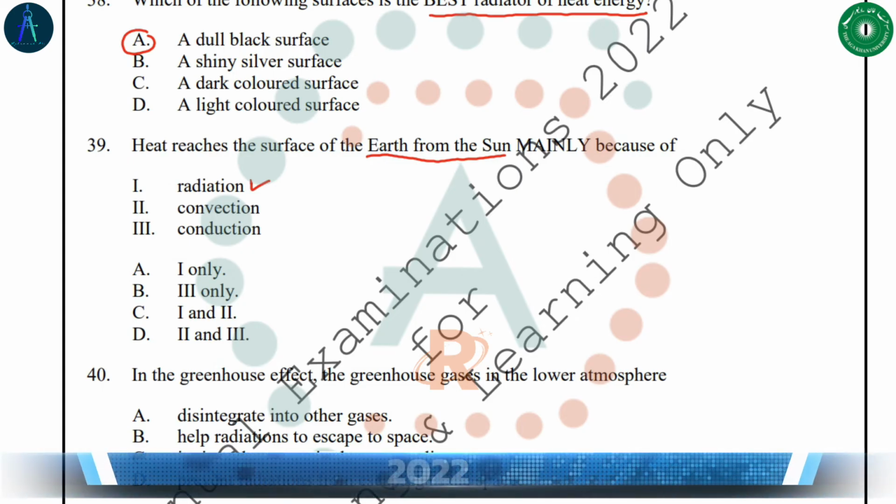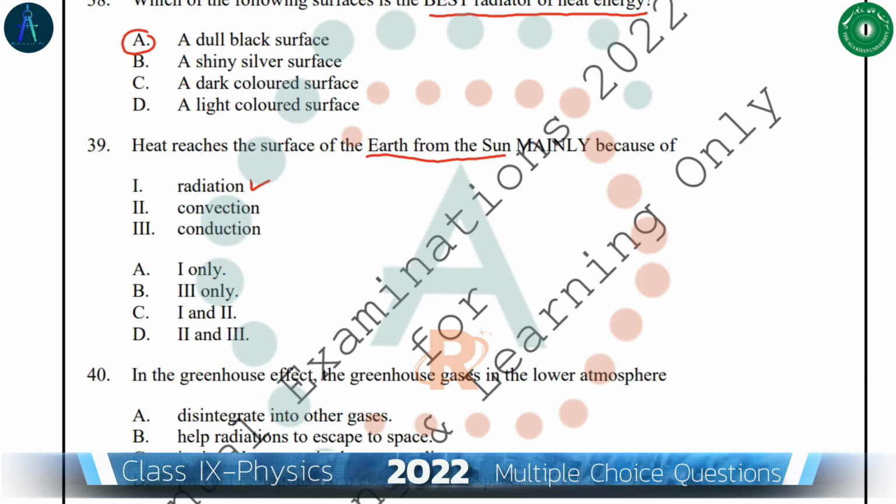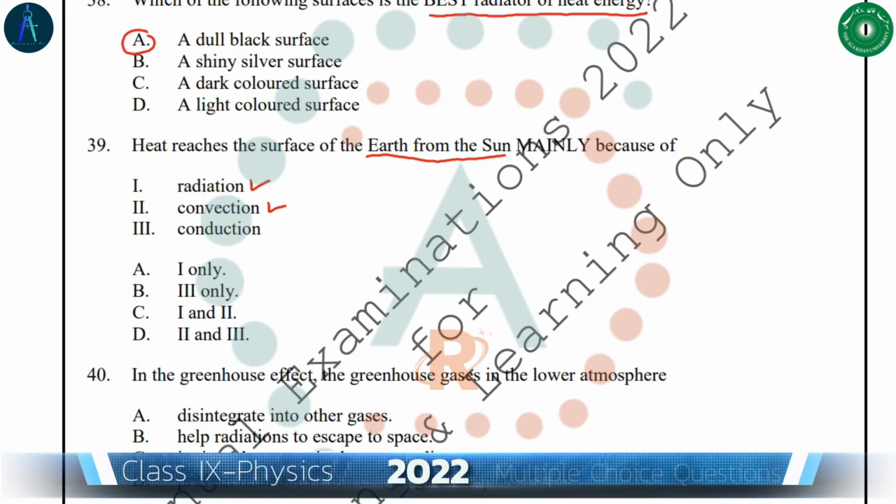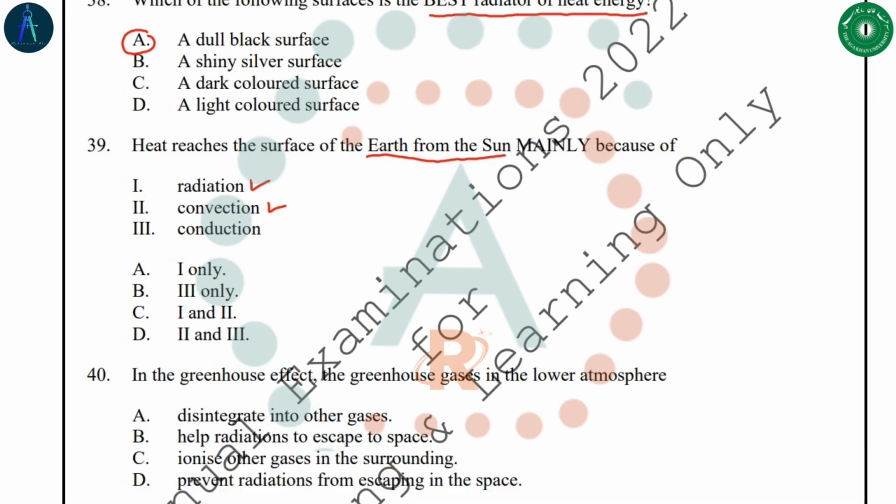Then when this radiation reaches the earth, the heat moves through the gases present in the atmosphere, and in this way convection is the process through which the heat reaches us. So the correct answer is radiation and convection, that is 1 and 2. So for 39, option C is the right answer.